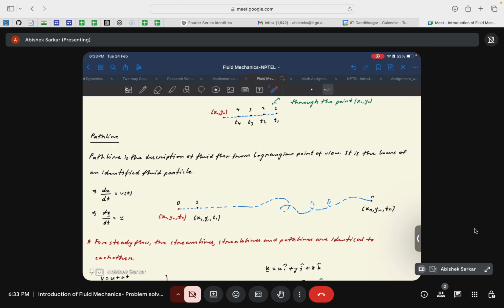But the important thing to know is that for that you need to know the velocity field at every instance of time. That's the major difficulty in these kinds of simulations: you need to calculate or store the velocity field data and the position vector data at each and every instance of time. To reach here, you need the data from all the other instances of time. That's what makes it very computationally expensive.